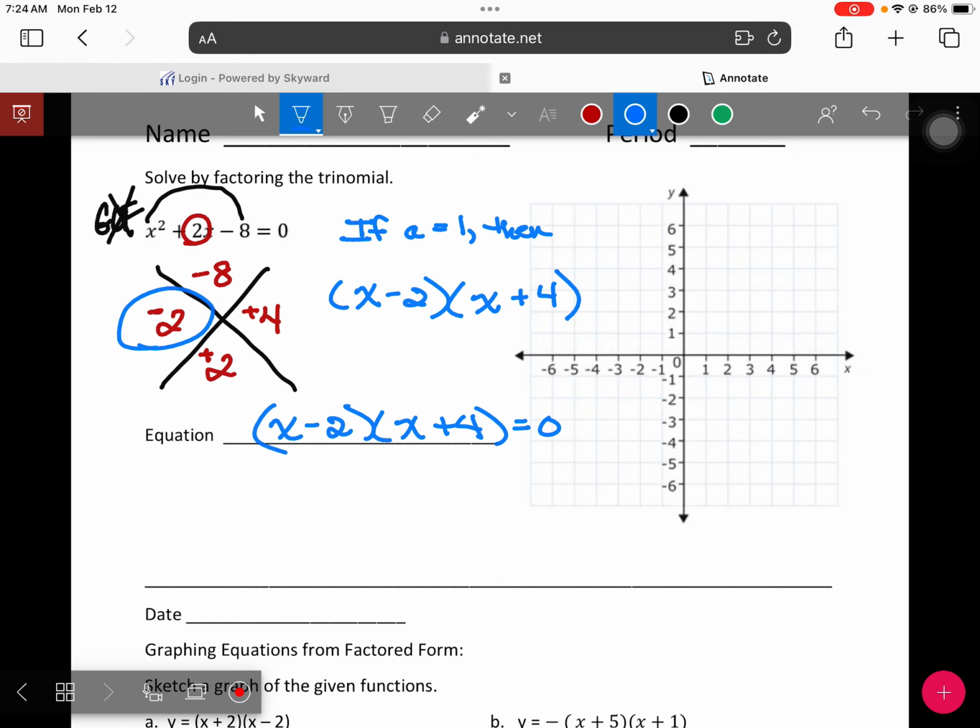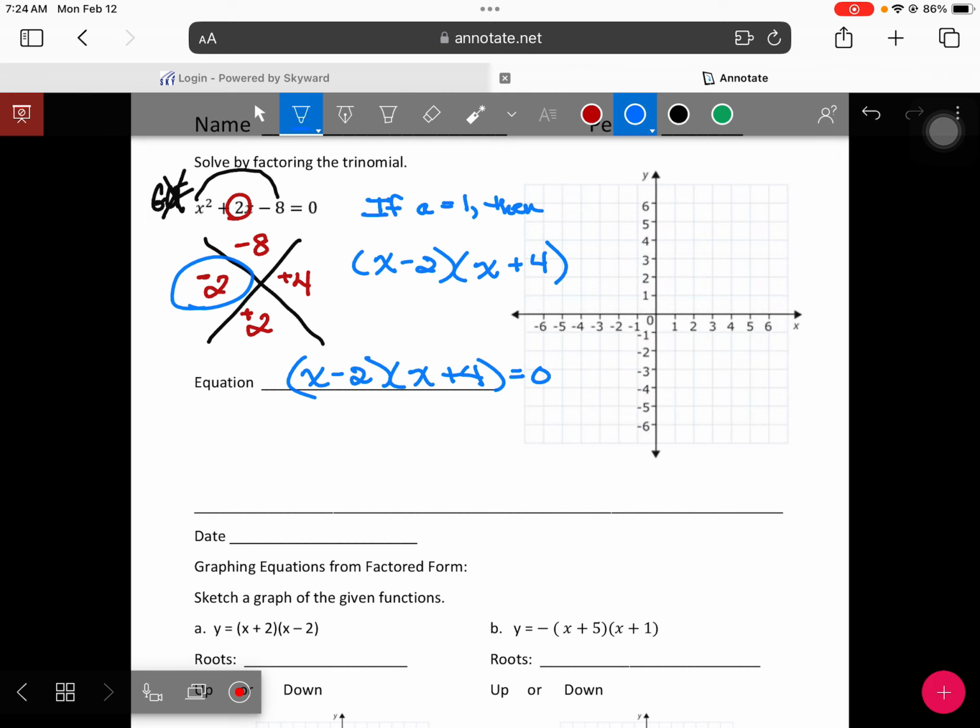Okay, so how do I want to graph this now? How do I find my roots? I have 2 factors that when I multiply them equal 0. When you multiply something, if your product, your answer, is 0, what do we have to know about one or both of those factors? They have to equal 0 too, right?